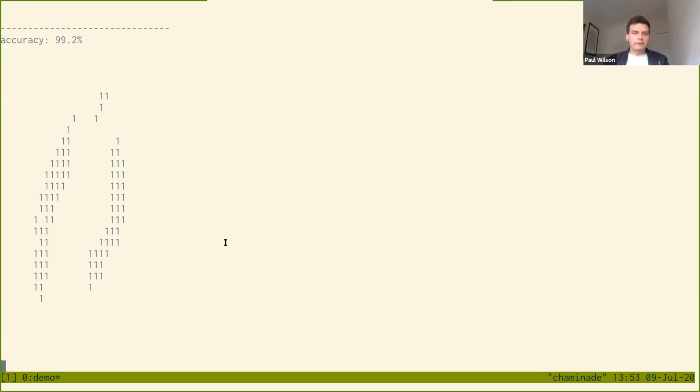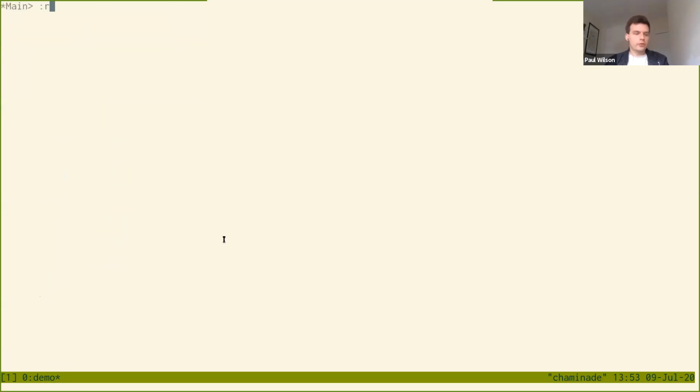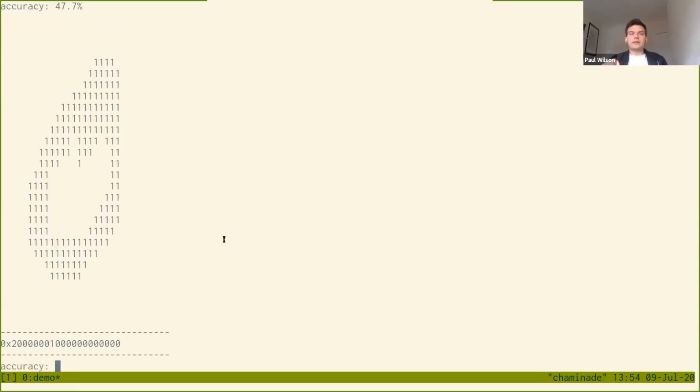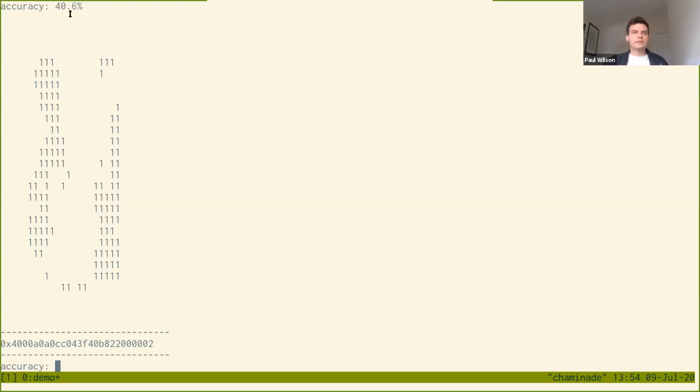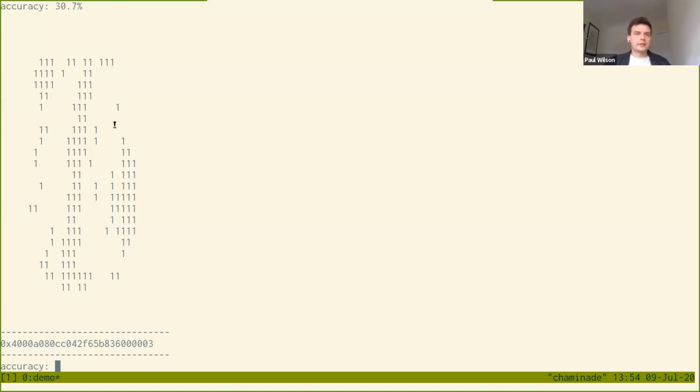But if we want to see a slightly more interesting demo, this model is not as good in terms of accuracy, but it's a lot more interesting to watch. So I'm just going to run this one in the background. You'll see it wobble around a lot. The accuracy has high variance in it, but it's doing a lot more changes to the feature map.